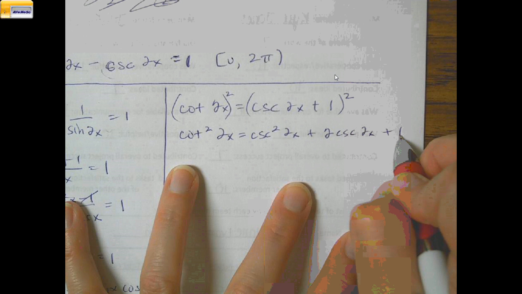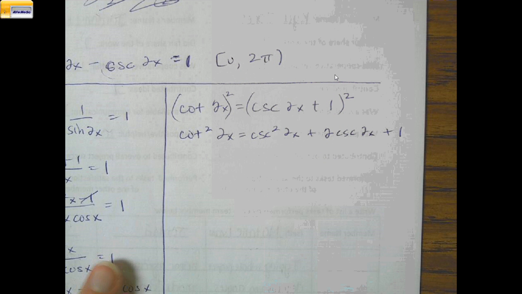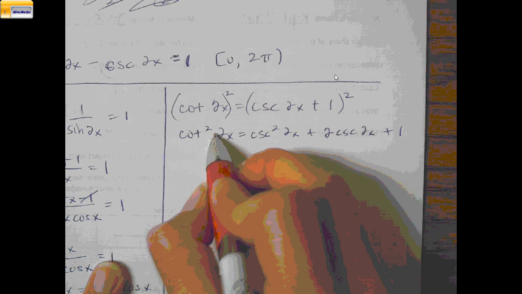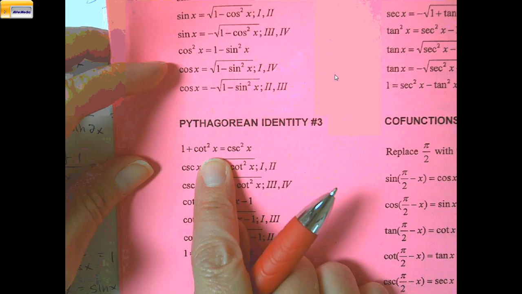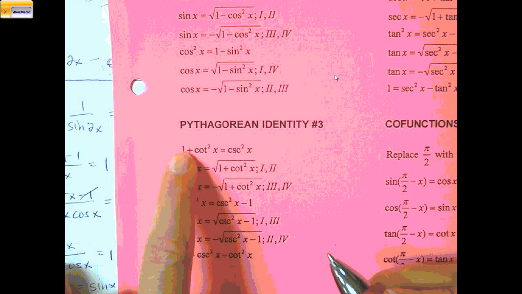And then I can change cotangent squared to cosecant. That cotangent squared is an identity that will turn it into cosecant, and that's from the beginning of last chapter, right here. If I subtract 1 from both sides, cotangent squared x equals this.